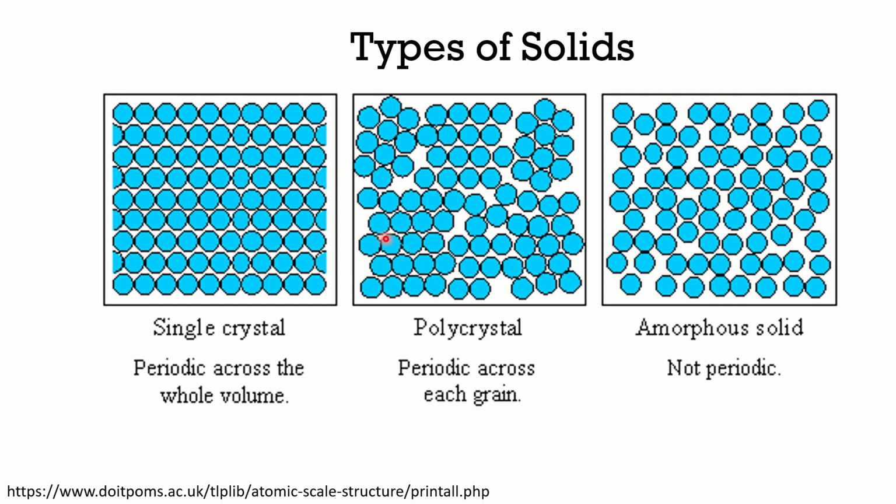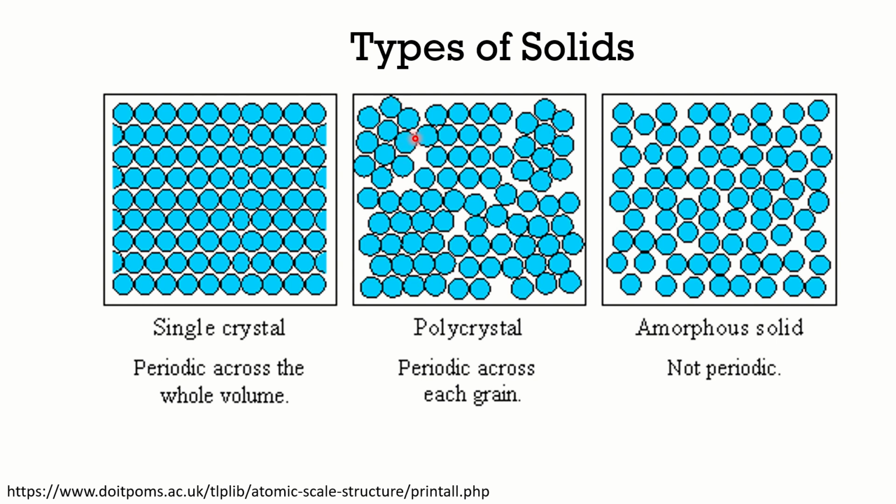In the other case, the periodicity occurs only over small regions or small volumes, called grains. If the constituents are arranged over small volumes or grains, then these types of solids are called polycrystals.